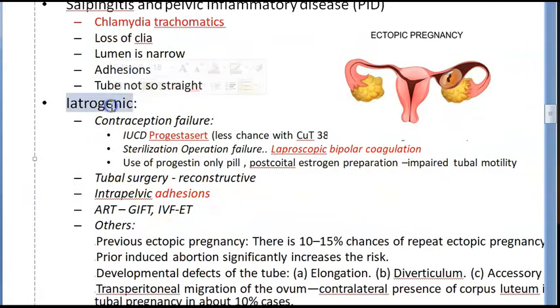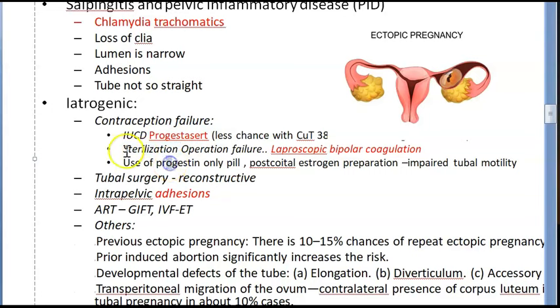Iatrogenic means some procedure was done by the doctor, isn't it? So there could be contraception failure. You got an intrauterine contraceptive device, for example Progesta. There is a chance that with the IUCD the person becomes pregnant. That time it can become a tubal pregnancy. Sterilization operation failure: this person especially had a laparoscopic bipolar coagulation. Because of this sterilization failure, they can have a tubal pregnancy.